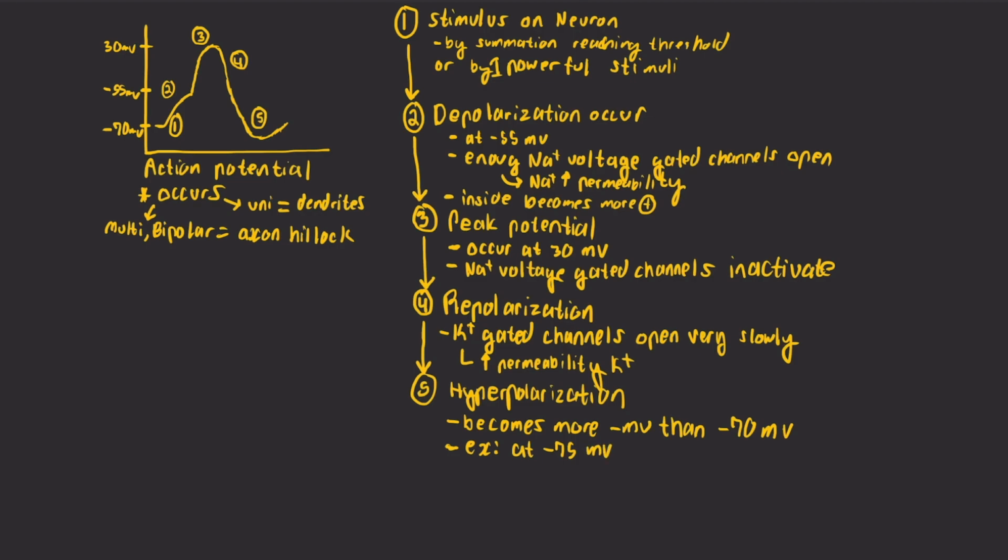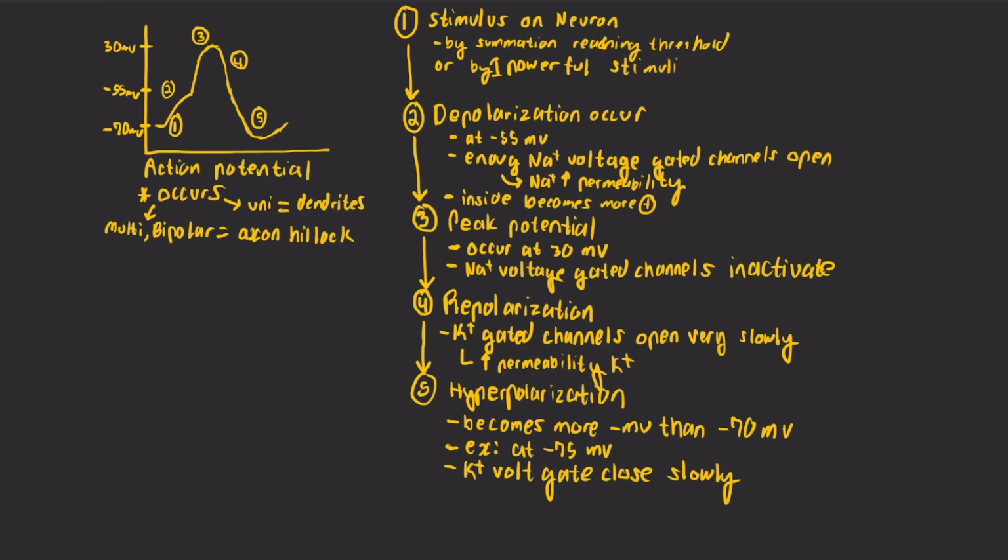This is because the potassium voltage gated channels not only open slowly, but they will also close slowly. Okay, so the potassium voltage gated channels will close slowly.